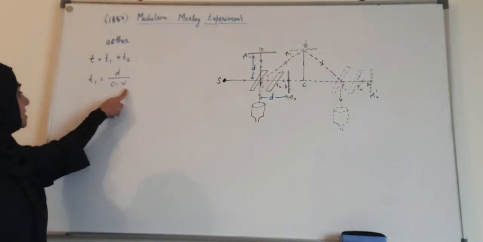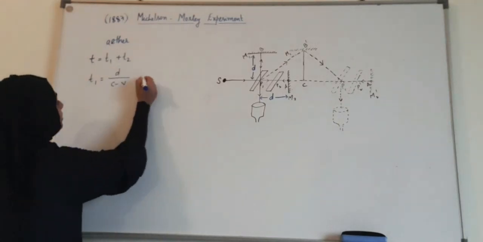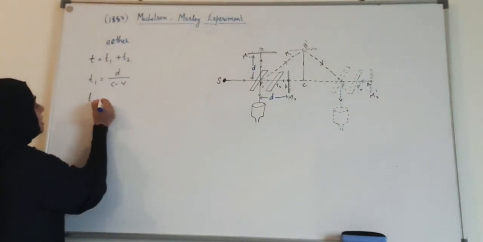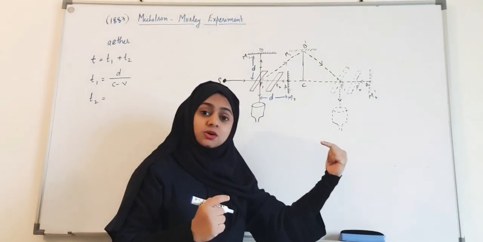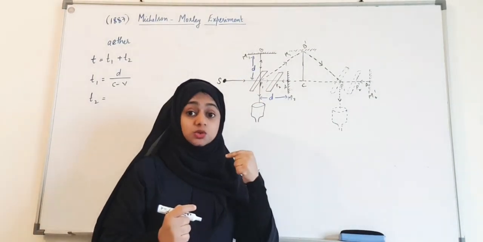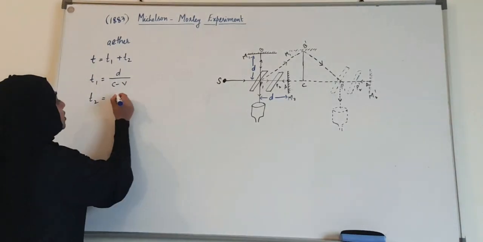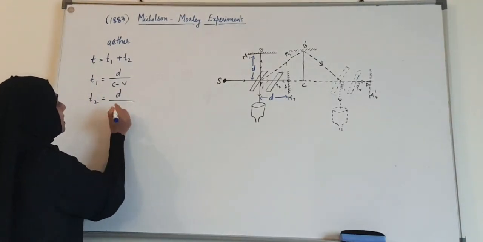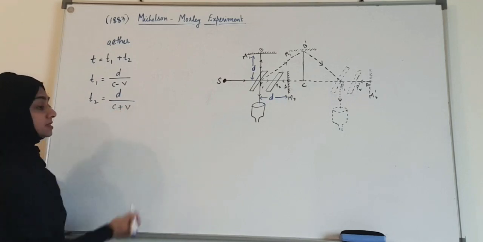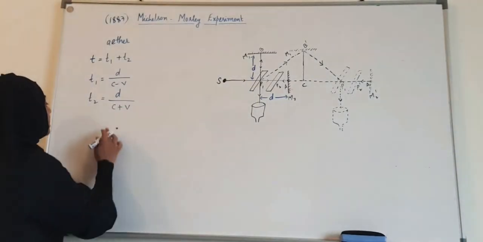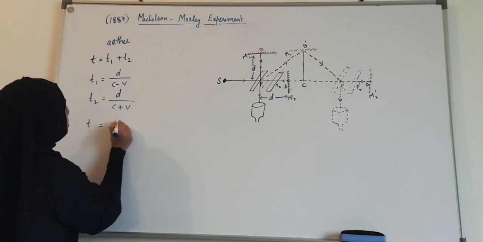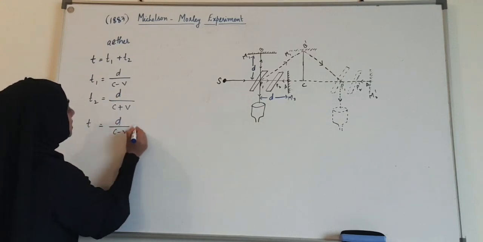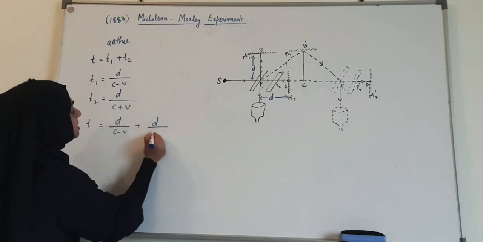So c minus v. Then we have t2, the time taken by the light to come back. Now light is traveling in a direction opposite to the rotation of Earth. So the speed is given by c plus v, that is the relative speed of light. So the total time taken t is equal to d by c minus v plus d by c plus v.